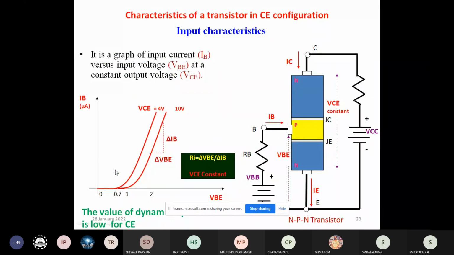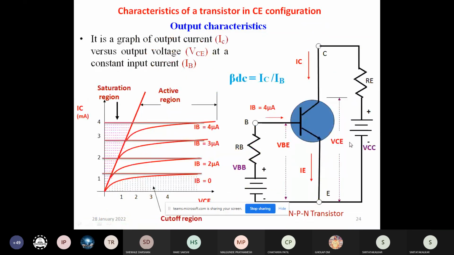In the second part, VBE is forward biased and VCE, the collector emitter voltage, is reverse biased, because the negative terminal is connected to the emitter, and the emitter terminal goes to the negative supply.